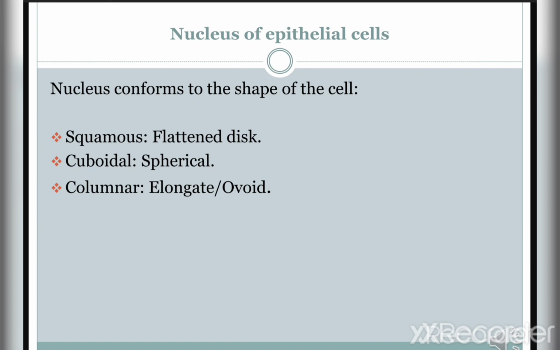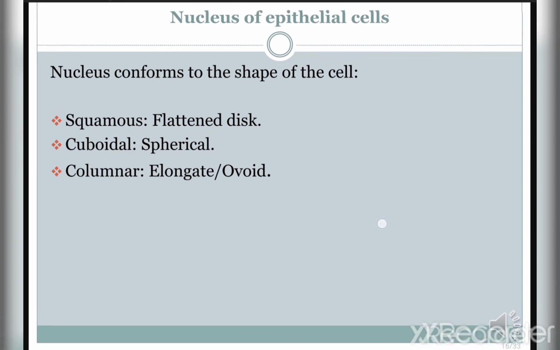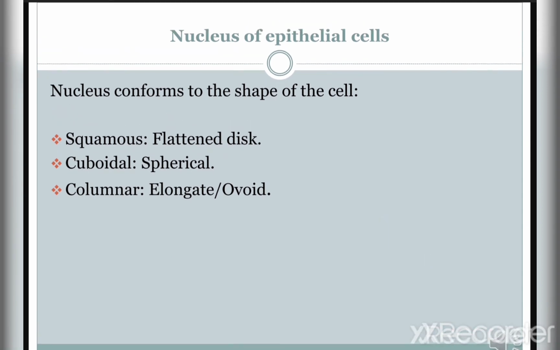You cannot see the outline. So return in this state to the shape of the nucleus. If the nucleus is central, large, spherical, you can assume that this is a cuboidal epithelium. If the nucleus is elongated, elliptical, ovoid, and located at the base of the cell, you can decide that this cell is columnar.